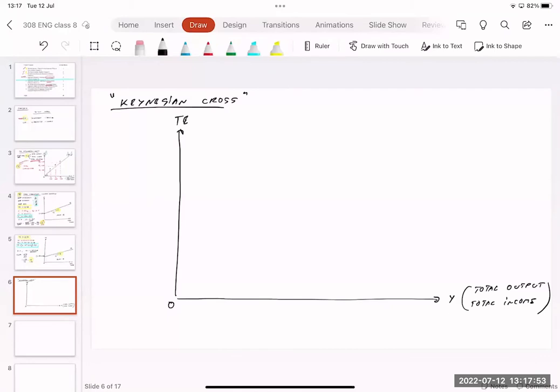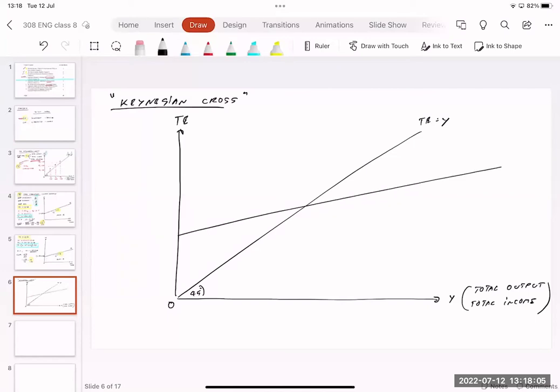Then I have the 45-degree curve, which is TE always equal to Y. And then I'm going to write down the total expenditure curve. The starting point is A minus BT plus I plus G, right? This is the total expenditure curve that comes from C plus I plus G. Okay, this is what I have.